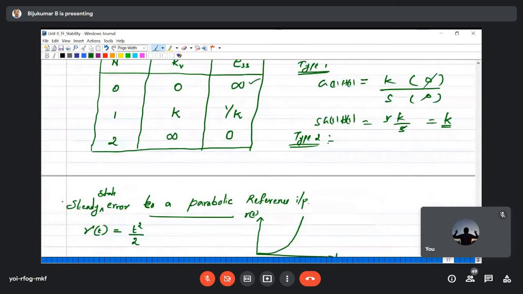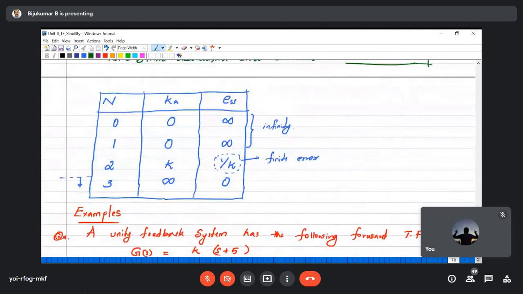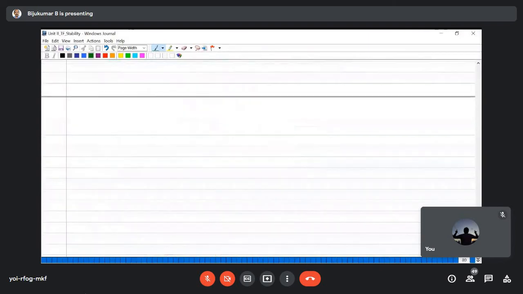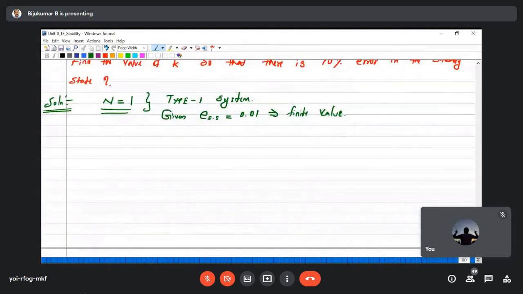For ramp, for a type 1 system it is 1 by K, that is, it gives a finite value. What about a parabolic input? For a type 1 system it is infinite. So we can conclude that the input is a ramp input, right?